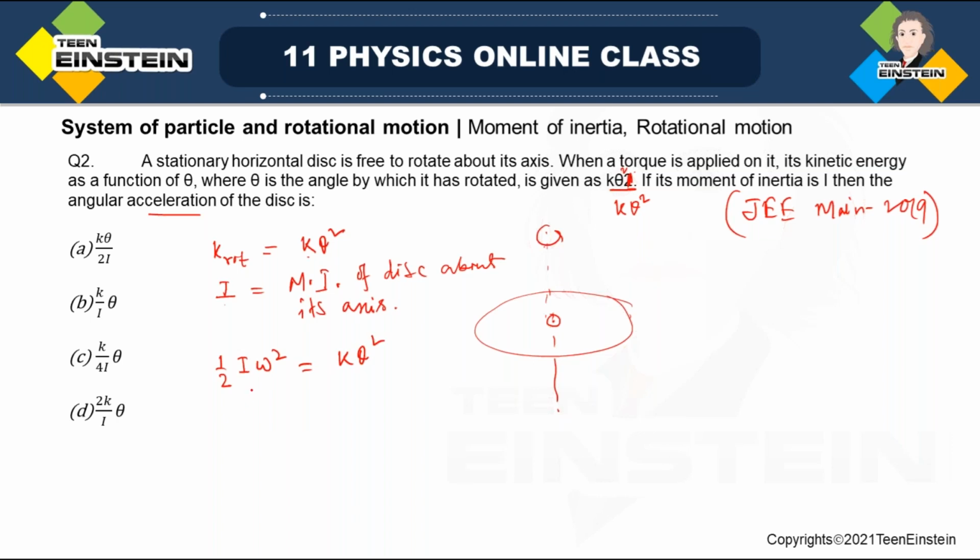So now we have to relate this to angular acceleration.